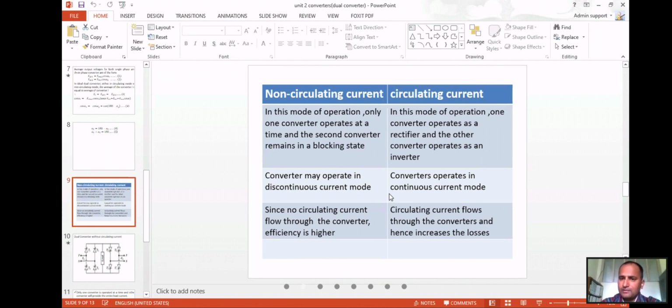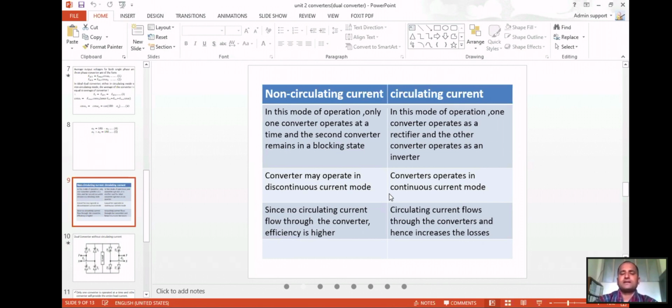But in circulating current mode, one converter operates as a rectifier and the other converter operates as an inverter. It means that in circulating current mode, both converters are working. But in non-circulating mode, only one converter will operate, and the other will be in blocking state. So please note down this difference. It's quite important to know the difference between circulating current mode and non-circulating current mode.